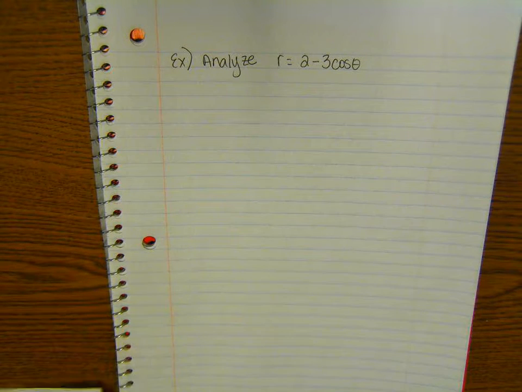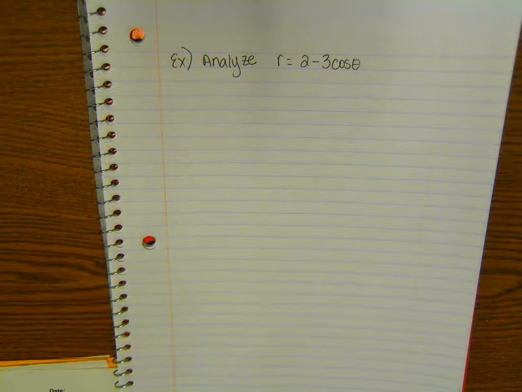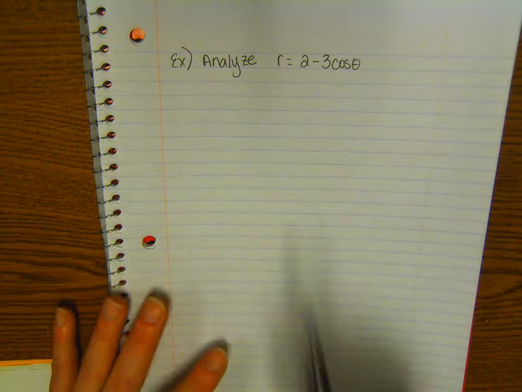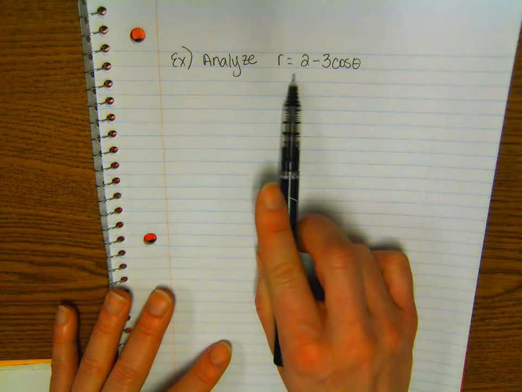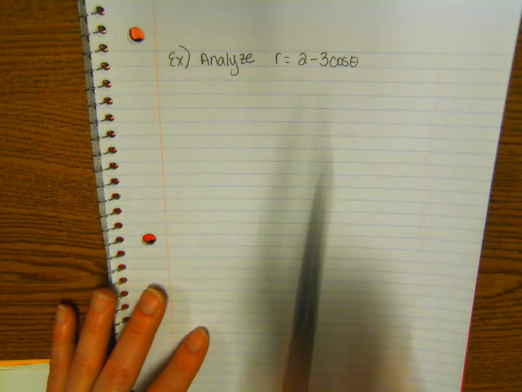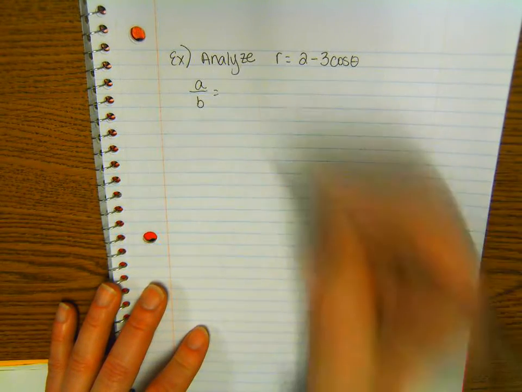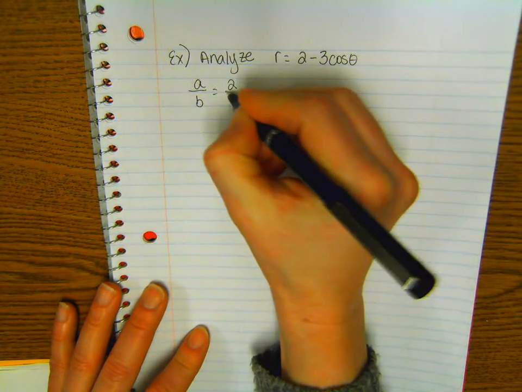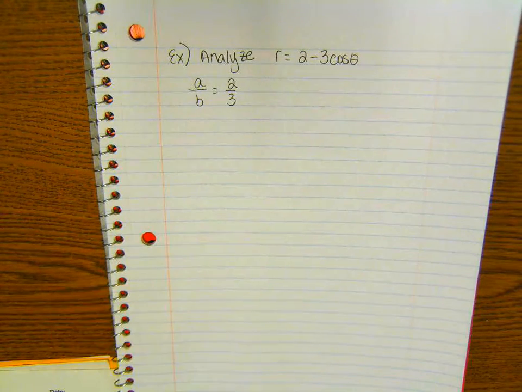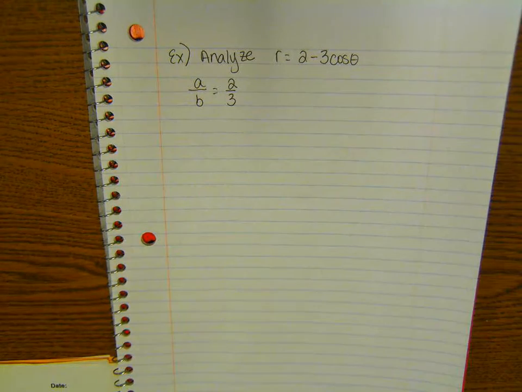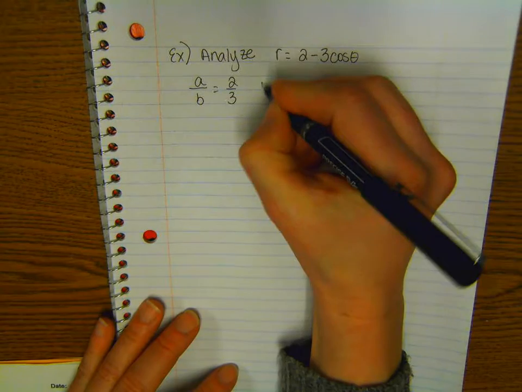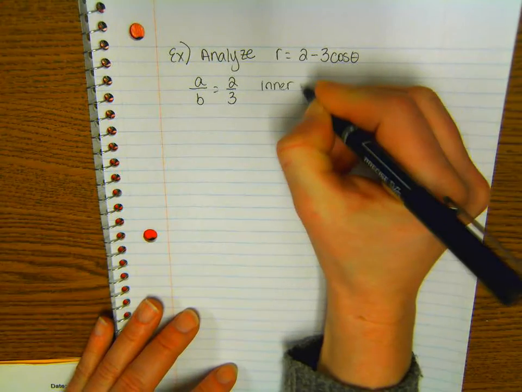So before we even start, we know it's a limacon, let's decide what type. So this is A and this is B. So A is 2 and B is 3. We get 2/3. So what kind is this going to be when we look? Good, it's going to be an inner loop, because it is a number less than 1.